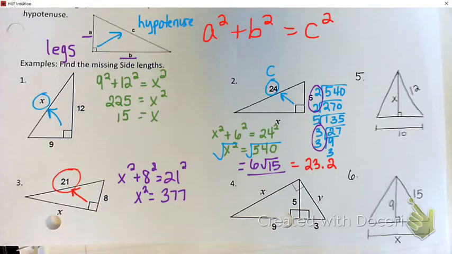Should be getting 377. Then what do I do to it? Square root.